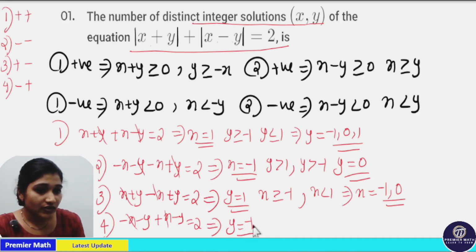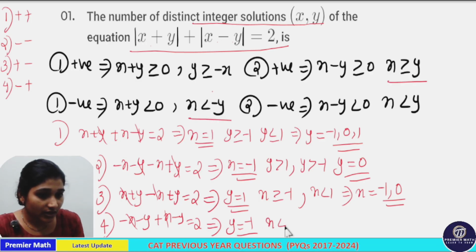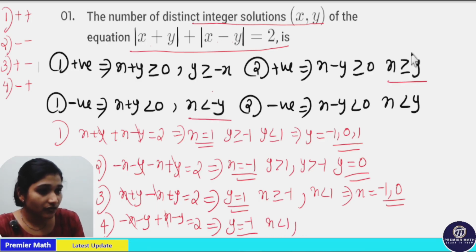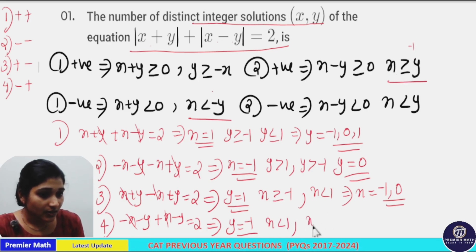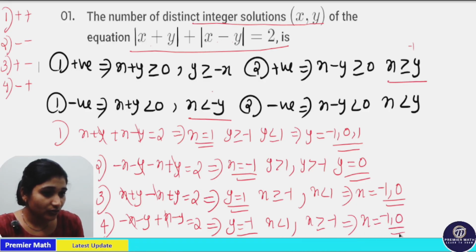Applying y equal to minus 1 in the first one, x is less than 1, and in the second, x is greater than or equal to minus 1. So x can have the value minus 1 and 0.